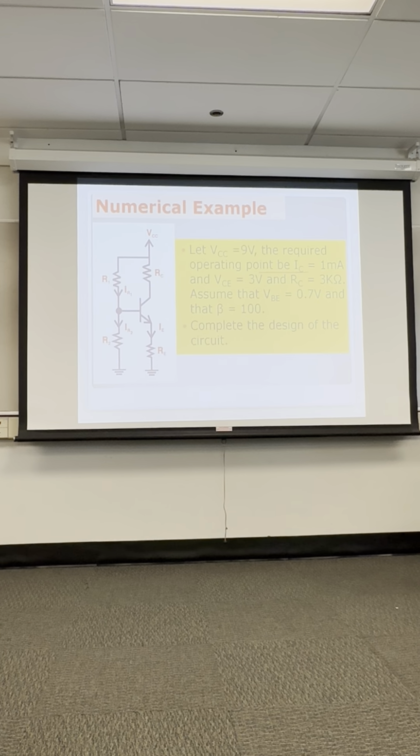So how do we complete the design of the circuit? This is the only information really given. We need the emitter resistor, we need R2, and we need R1.